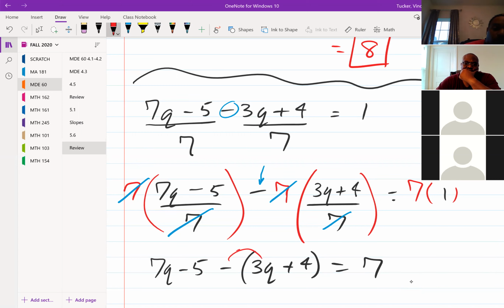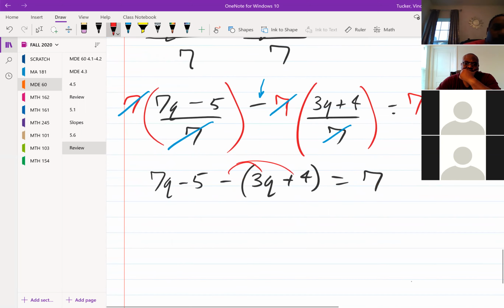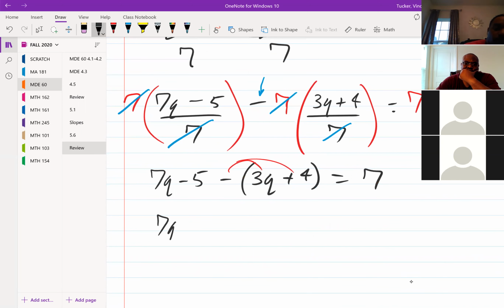So now you distribute: 7q minus 5 minus 3q minus 4 equals 7. Combine like terms.